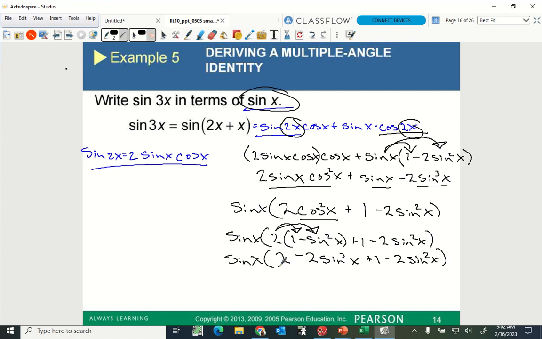What's going to happen to my 1 and my 2? They're going to combine. So now it's going to turn into sine x parentheses 3 minus 4 sine squared x. Why is that 4? Because you got 2 of the same one. Yeah, -2 and -2.